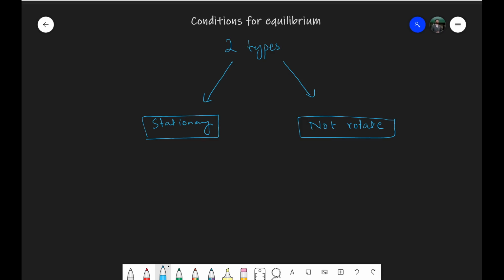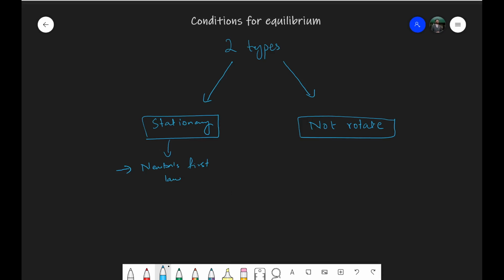So the first condition, which is necessary for the object to be stationary or to stay at rest and not go anywhere, basically not to change position, comes from Newton's first law, which we have already studied. Now you have already studied this. So the condition is pretty simple.